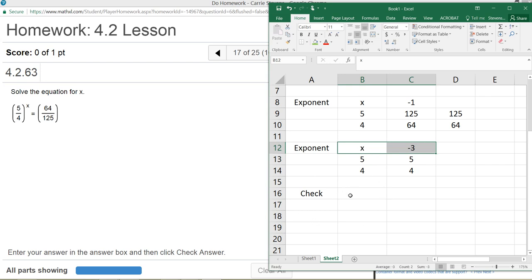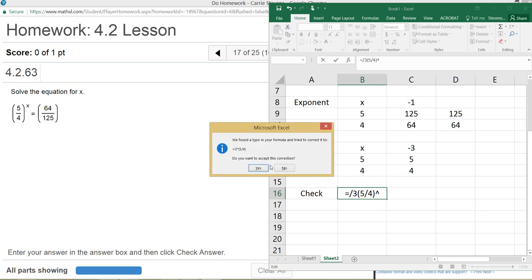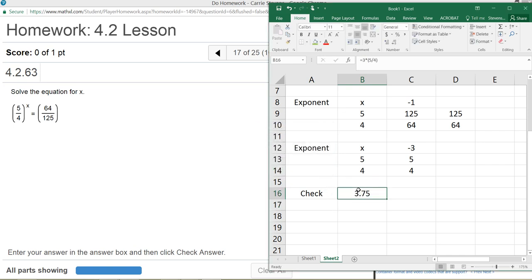Now I'm going to check it. If x is -3 and I take 5/4 to the power of -3, oops, I have some extra stuff in there, it's all kind of messed up, let me try starting over fresh.